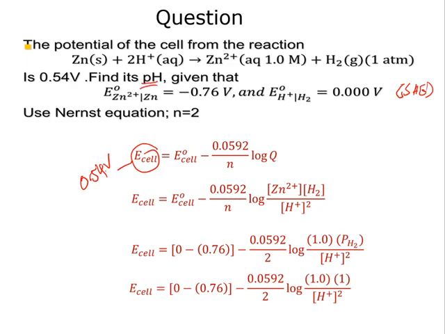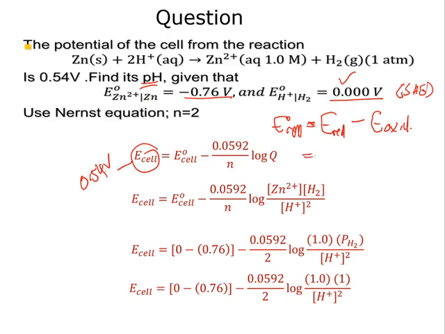From here, the first step is to calculate the standard cell potential. So E naught will be equal to E reduction minus E oxidation. If we look at the values, this is 0 and this is minus, so this is greater. So in short, this will undergo reduction.